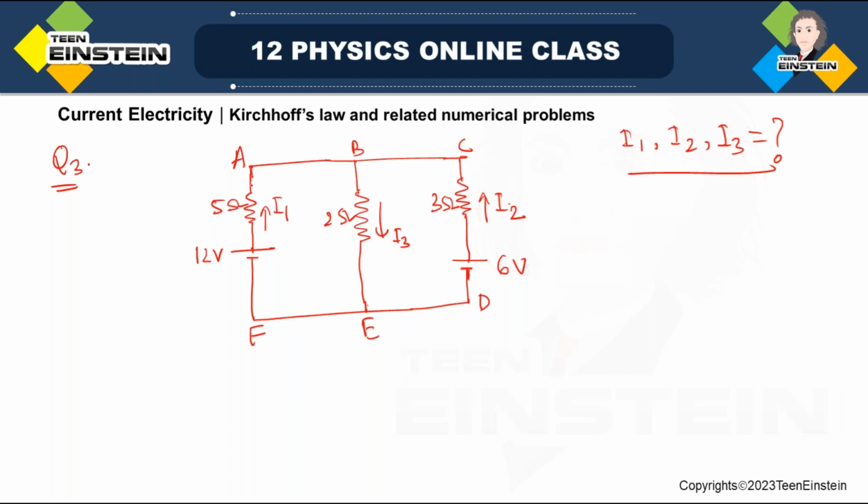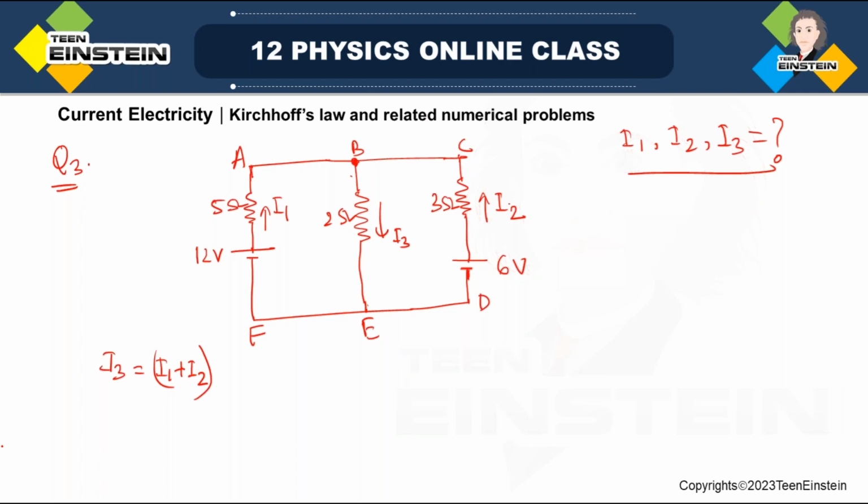See here, one thing you have to do. The current goes from this battery to C and to B at this particular point. The I1 current is coming all the way from this battery to A to B. At this point, I3 is obviously the sum of these two currents, I1 plus I2.